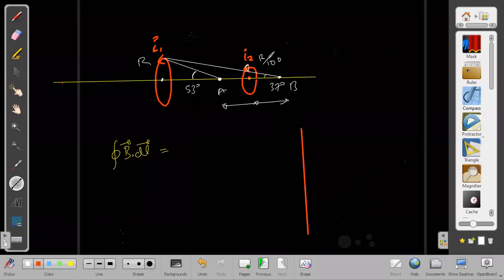Again, all red colors are the current carrying wires. In this question, I'm taking all the wires to be of red color, current carrying wires. And the path lengths along which we want to take the line integral, I'm taking in a different color, yellow color.